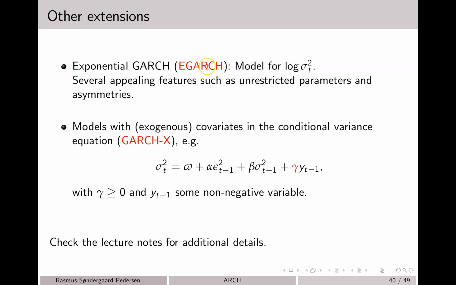It could be a variable saying something about the state of the economy. It could be a so-called leading indicator. It could be credit spreads or some interest rate spreads, or something else, another measure of volatility. And so this is a highly popular model in applied work, and we can estimate such models if we want to do that.